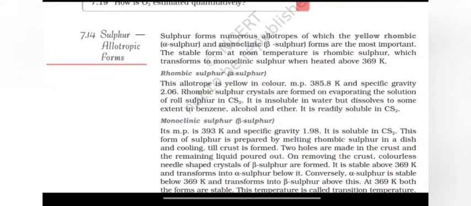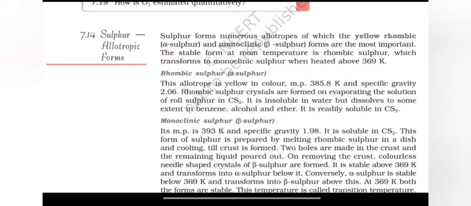This allotrope is yellow in color, with melting point 385.8 Kelvin and specific gravity 2.06. Rhombic sulfur crystals are formed on evaporating the solution of roll sulfur in CS2. It is insoluble in water but dissolves to some extent in benzene, alcohol and ether. It is readily soluble in CS2.